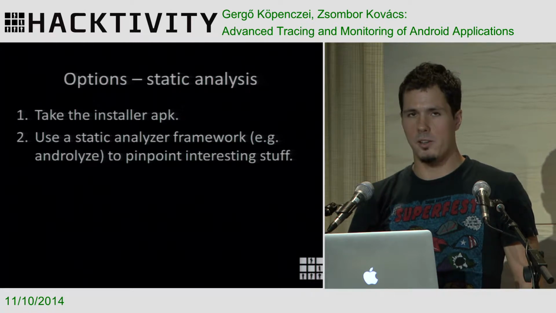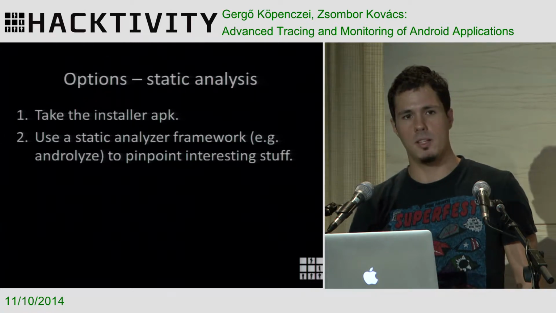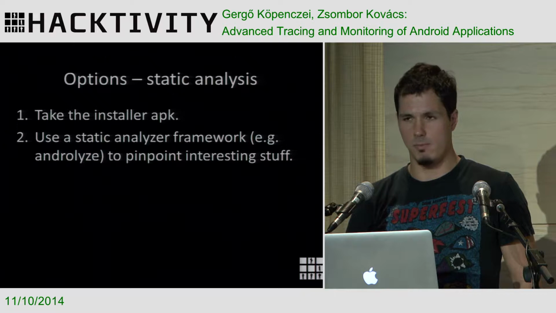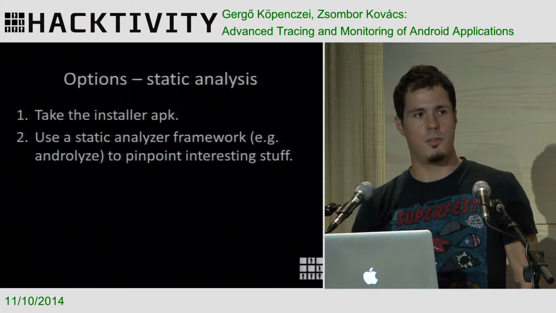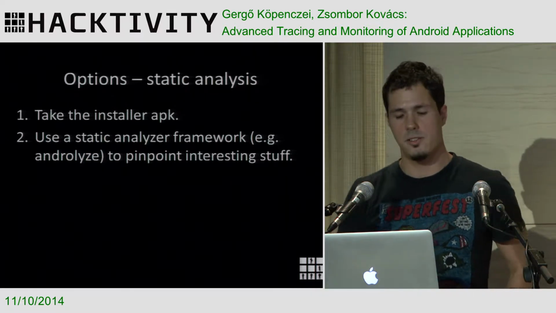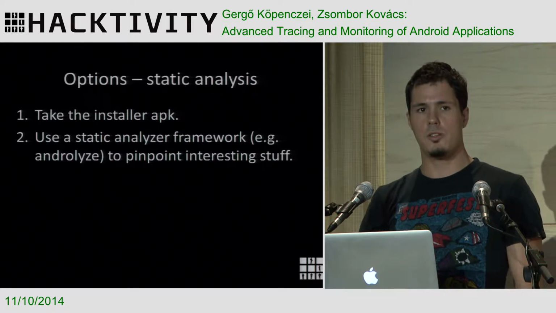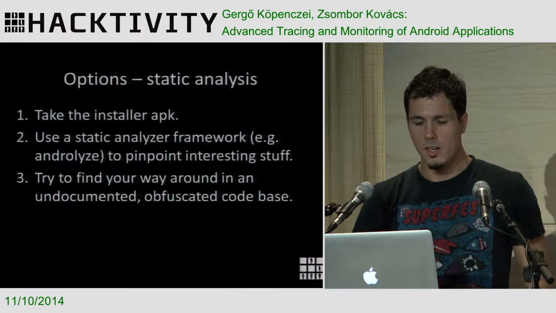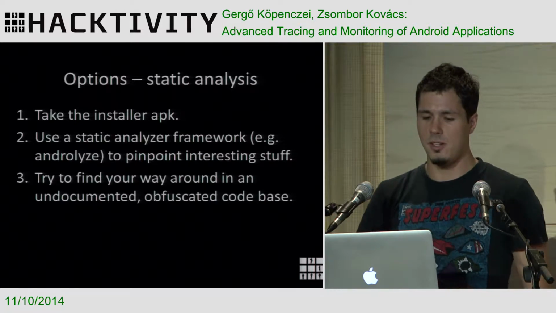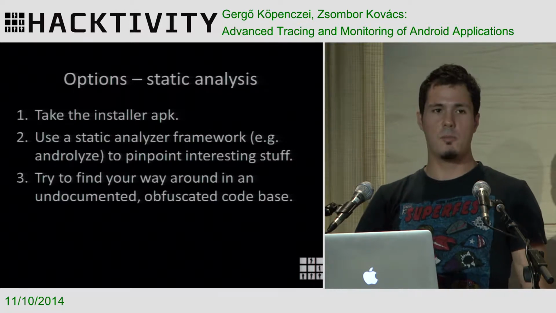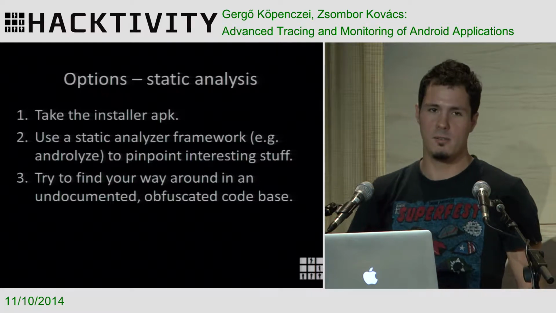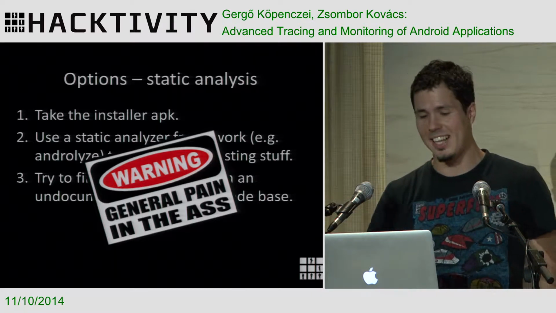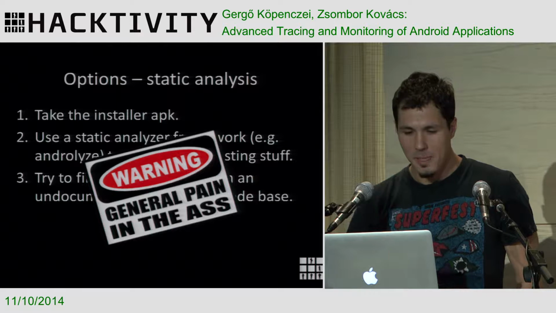I mean, where is SSL-related stuff implemented? In case it uses some SQL cipher in the backend, then it tells you which methods and which classes use those methods. But at the end of the day, you try to find your way around in a massively undocumented, hopelessly obfuscated Java code base, which is, again, a pain in the ass.